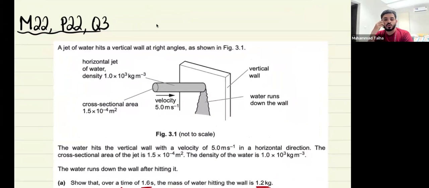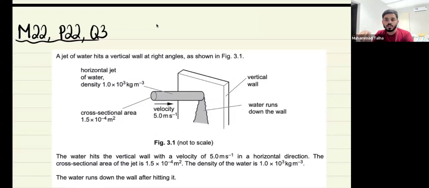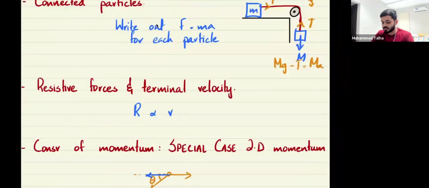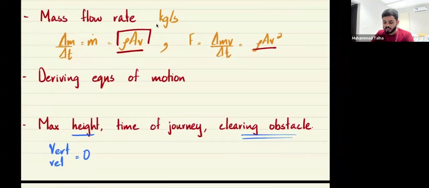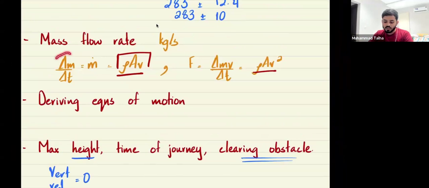It says that show over a time of 1.6 seconds, the mass of water hitting the wall is 1.2 kg. The easy way to do this for MCQs as well as for structured questions is to just memorize this formula for such cases, which is that the mass flow rate is given by this expression, rho A v, density times cross-sectional area times velocity.